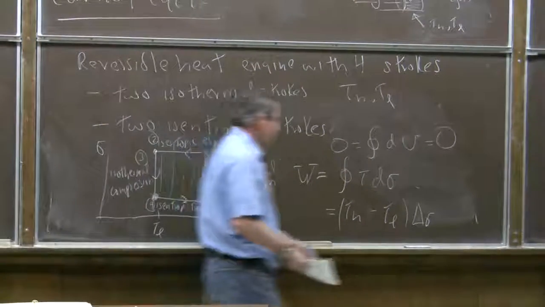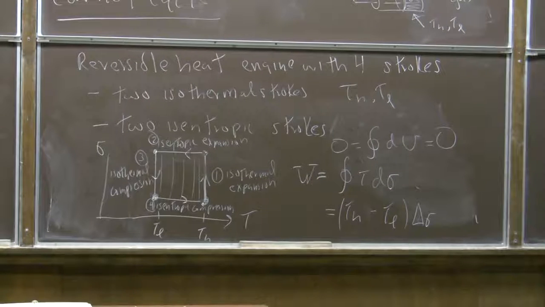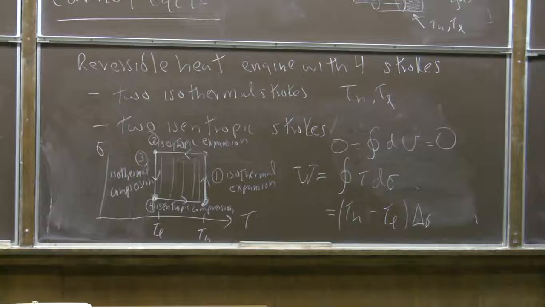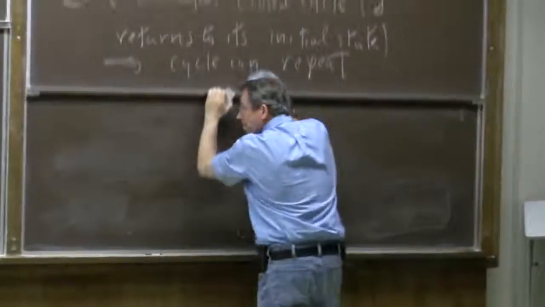Well, actually, I didn't make very much use of my assertion that it was a classical ideal gas. But now I will, just to compute explicitly the work done and the net heat flow during one cycle.